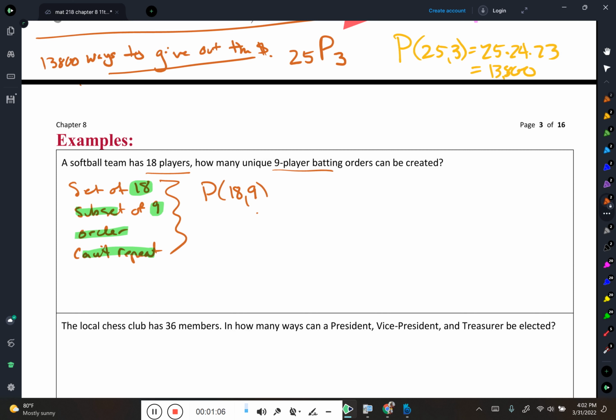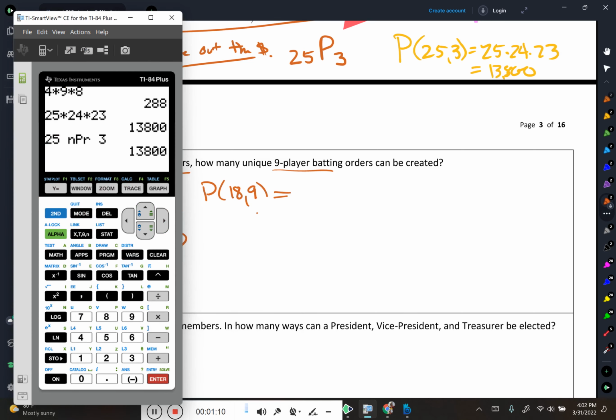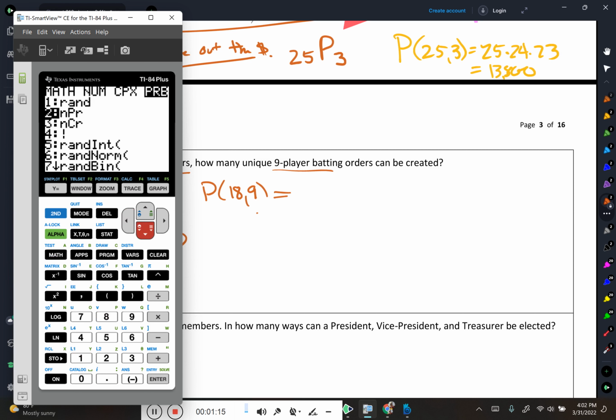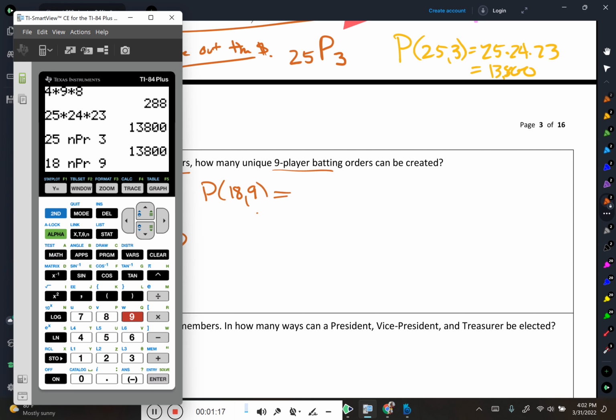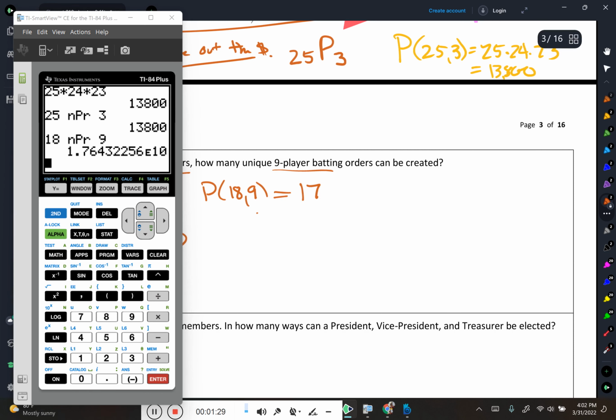And so there's a formula for that, but I'm just going to use my calculator. 18 permutation 9. What does that mean? Oh, E10. Scientific notation. So that's 1, 1, 2, 3, 4, 5, 6, 7, 8, 9, 10.